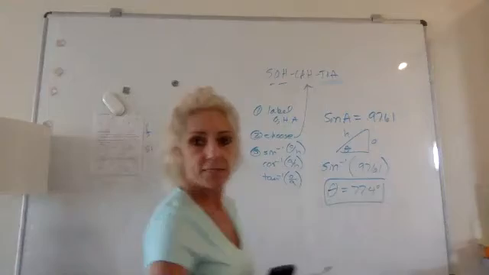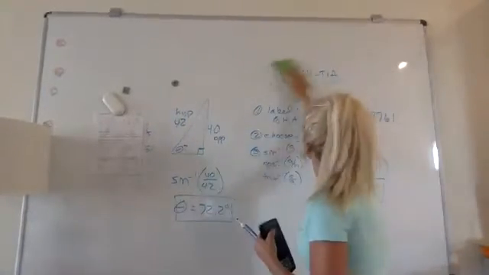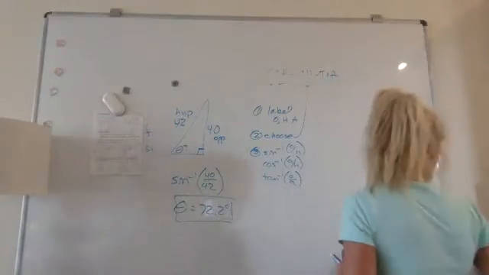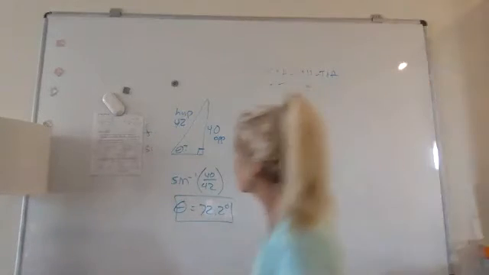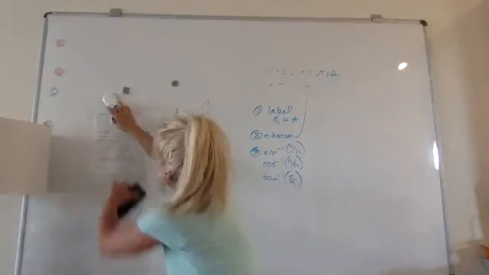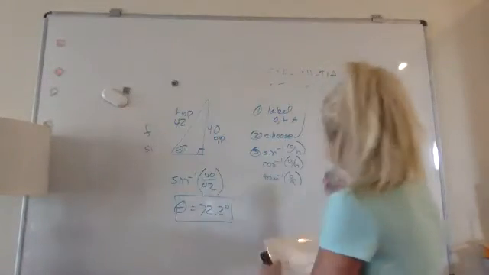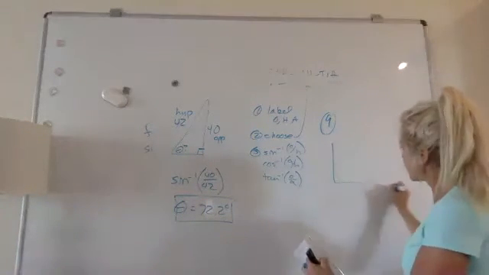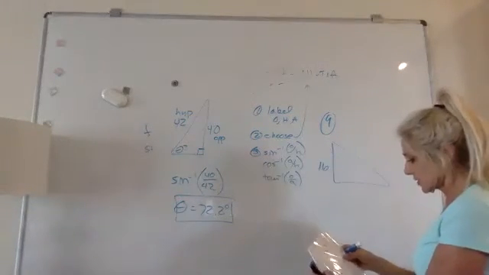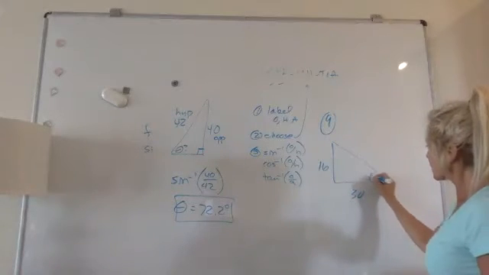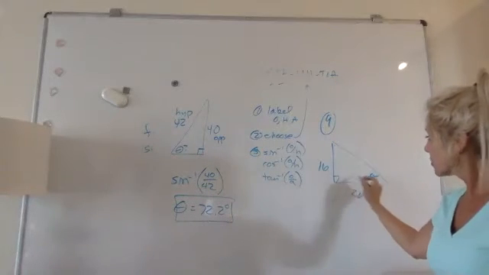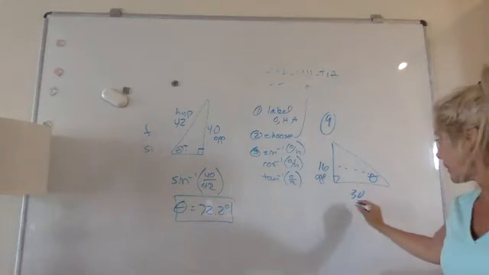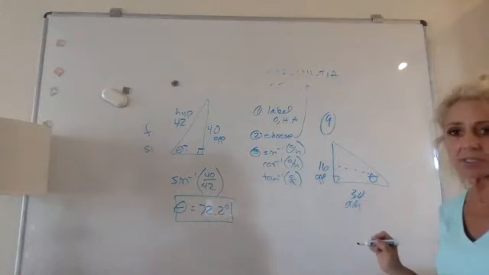And then 9 is the similar setup. In number 9, I've got this triangle going on. 16 here, 30 at the bottom. Here's the angle I'm looking for. So since this one's across from it, that's opposite, and this one at the bottom is going to be my adjacent.